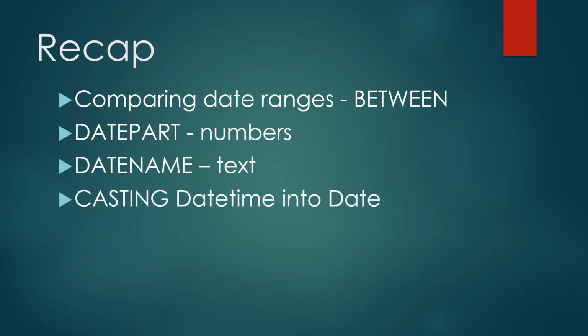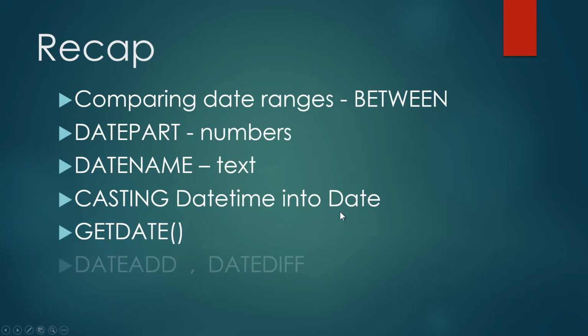We talked about casting date times into a date for purposes of comparison or for returning and printing just a date on its own. We discussed the getDate function to get today's date. And lastly, we examined the dateAdd function, which can take a date, manipulate it by forwarding it in the future or past, any component, and dateDiff, very similar, except it calculates a difference.